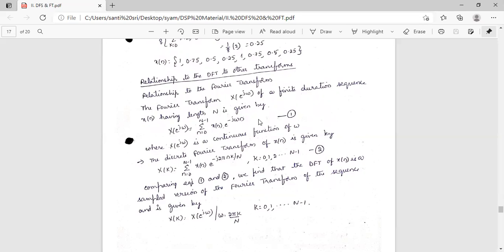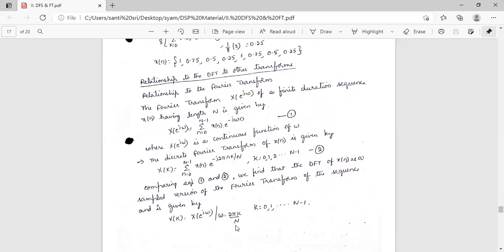Okay, by comparing equations 1 and 2, we find that the DFT of x of n is a sampled version of the Fourier transform of the sequence and is given by x of k equal to x of e power j omega at omega equal to 2 pi k by n.